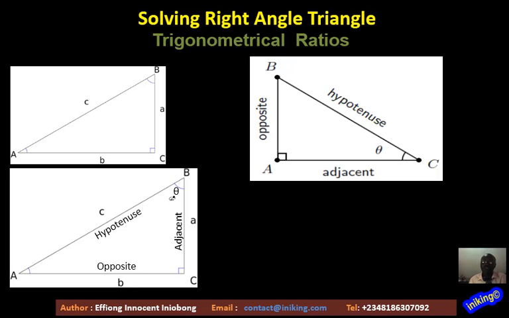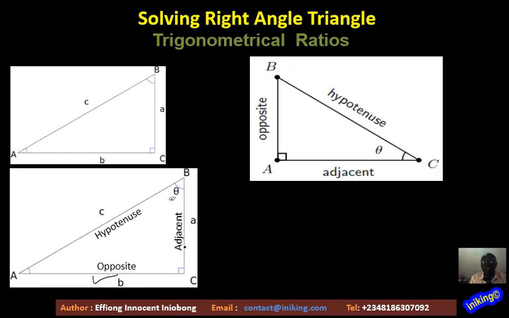The side facing the provided angle theta will be the opposite, so here the side b is the opposite, and then of course the remaining side is the adjacent. Now with this we can jump into defining our trigonometrical ratios: sine, cosine, and tangent.